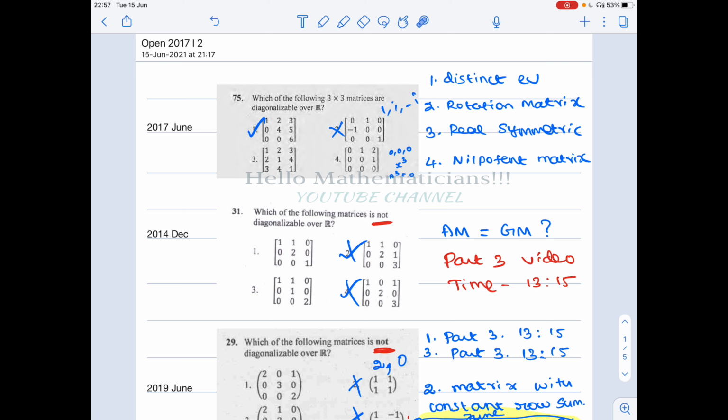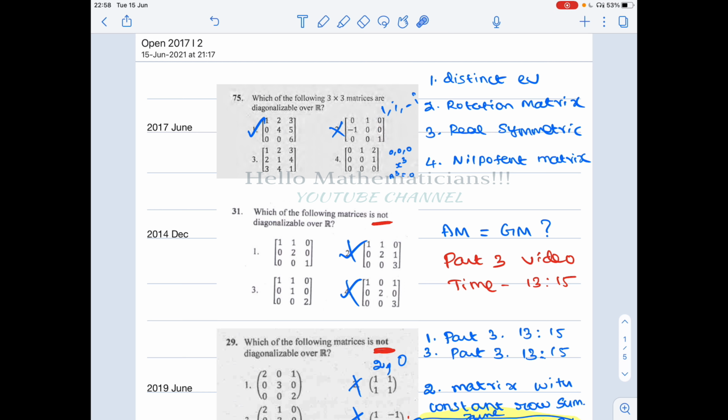Observe that the first column is the image of E1, the second column is the image of E2, and the third column is the image of E3, where E1, E2, E3 are the standard basis. The image of E3 is again E3. So it is enough to look at only this 2 by 2 matrix.